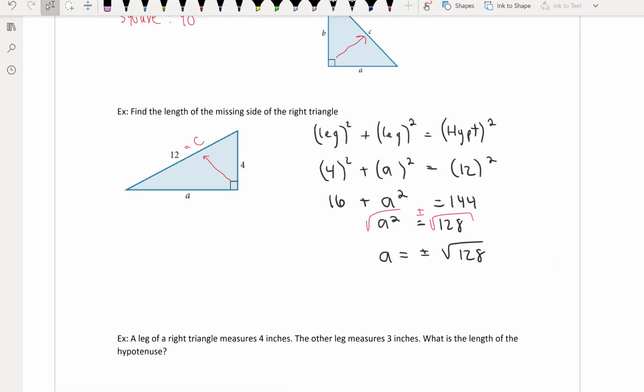And really, because I'm talking about length, length can't be negative. So even though the algebra is correct with saying the plus or minus, because this is length, I don't consider the negative at all. So really, A is just going to be equal to the square root of 128.